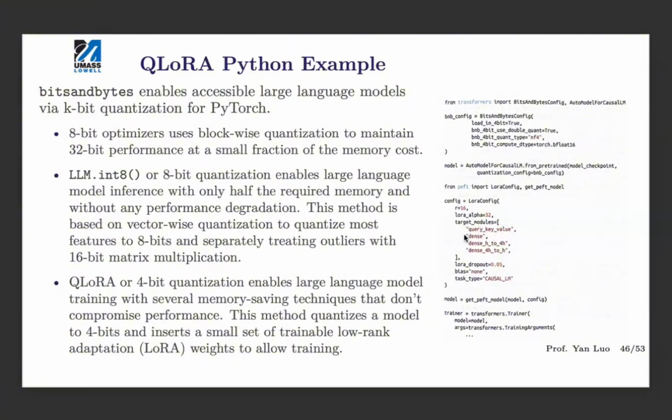So what you see here in this code is, in addition to this LoRA config, we have to configure a bitsandbytes configuration object that declares how we're going to do the quantization, how many bits we will use, and what will be the quantization type that we choose to use.